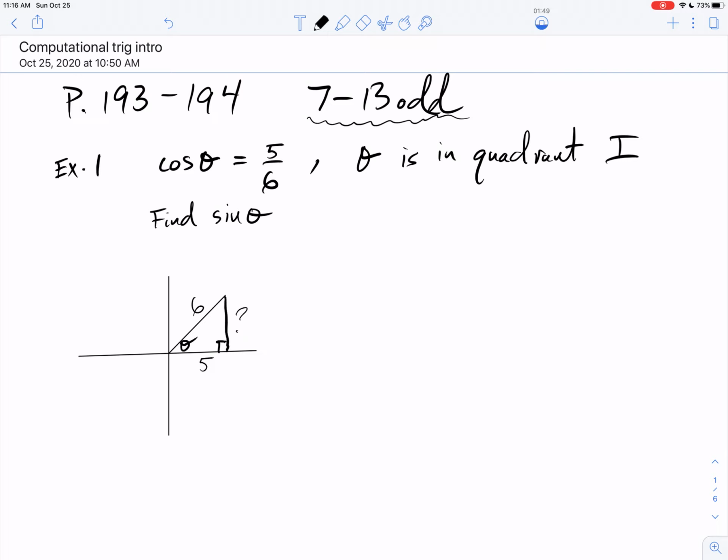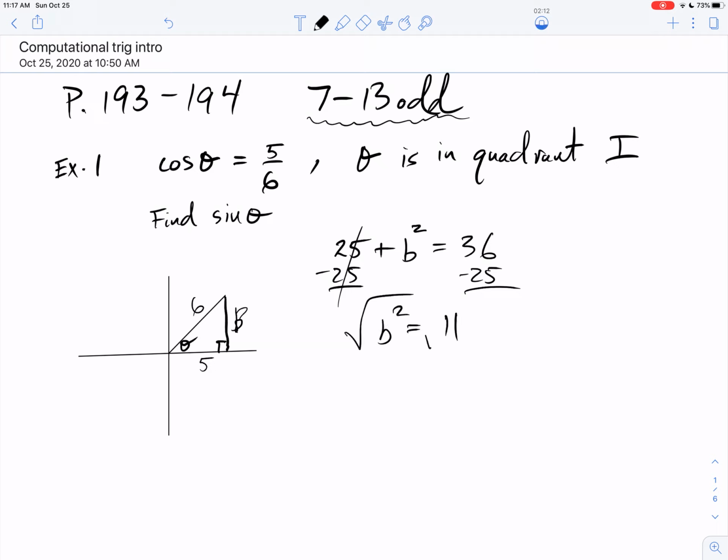So I could say, okay, 5 squared plus this thing I don't know, squared. I'll call it b. Equals 6 squared, 36. So I take it away now, and what do I get? I get b squared equals 11.